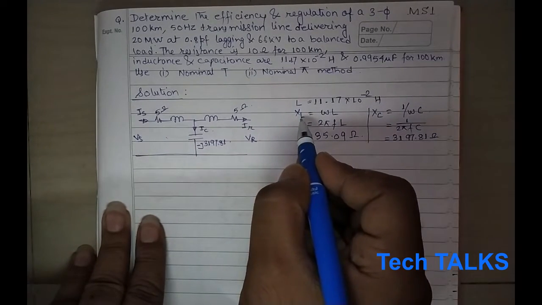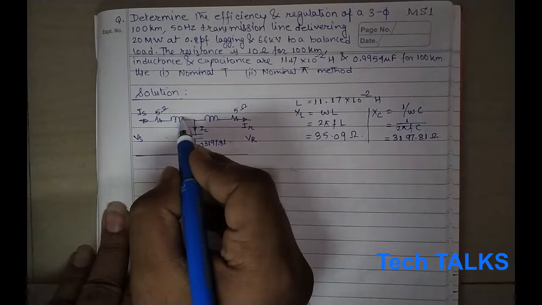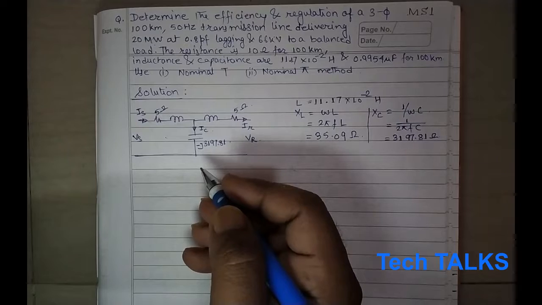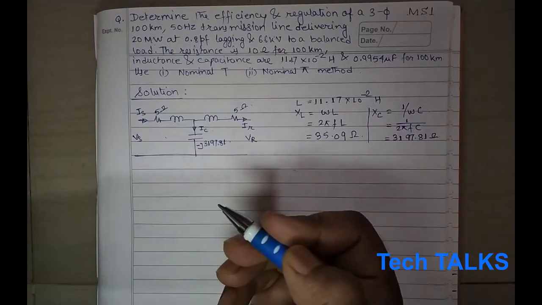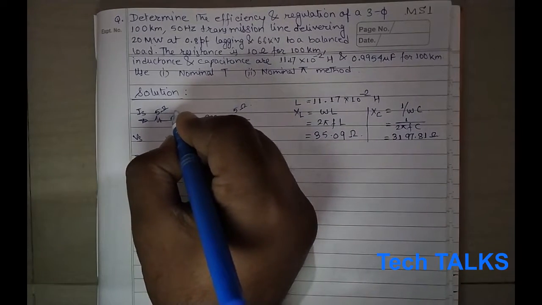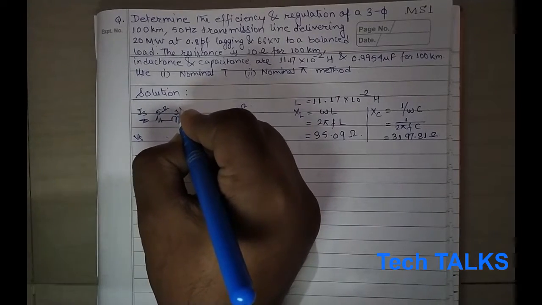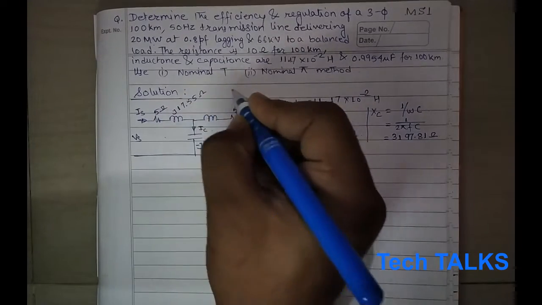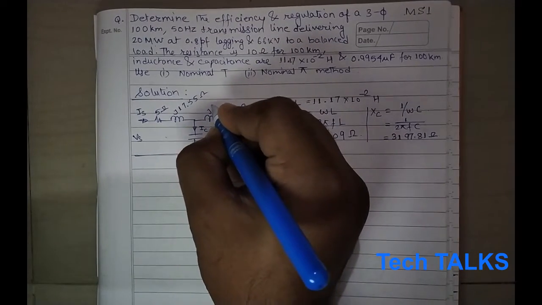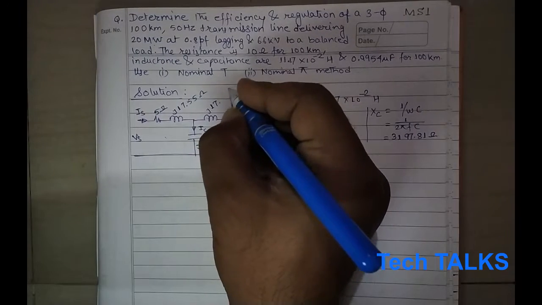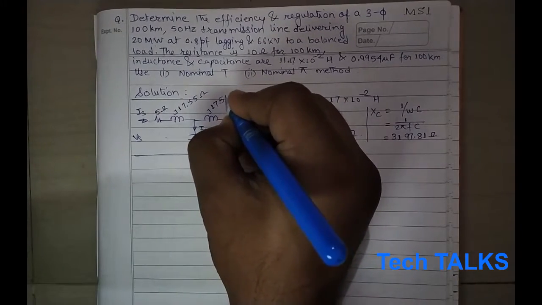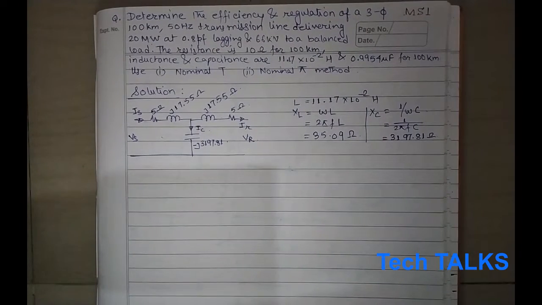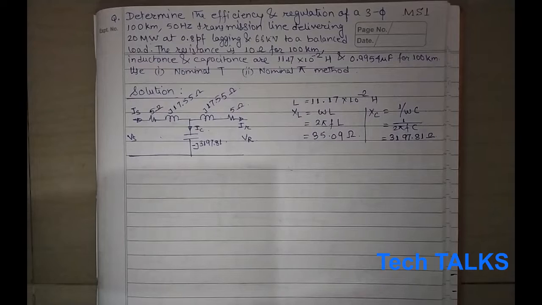Now this inductance XL will be divided between these two parts, so the value of each one will be positive j17.55 ohm, and this one also positive j17.55 ohm. So these are all the values that we have got.